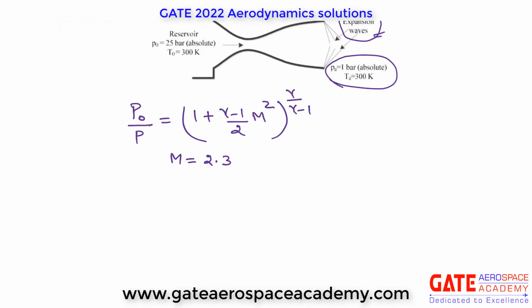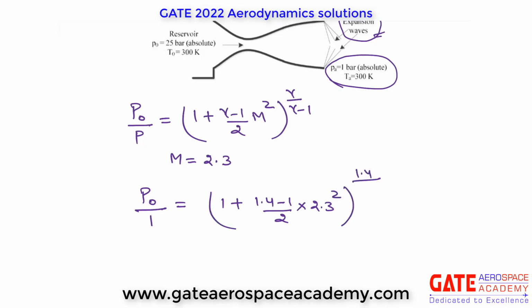So P is equal to 1 bar. We have to find out P0. P0 by P, with P as 1 bar, is equal to 1 plus gamma minus 1 upon 2, that is 1.4 minus 1 upon 2, into 2.3 square, power raised to gamma upon gamma minus 1.